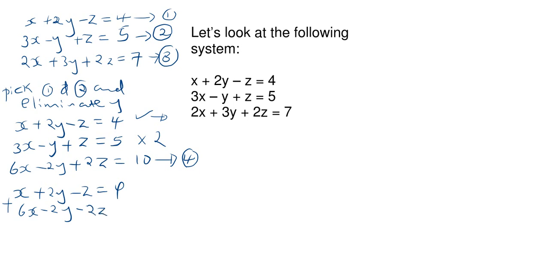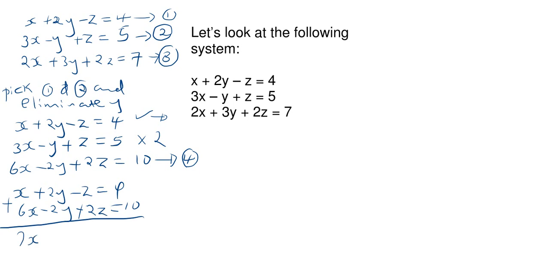So we have x plus 2y minus z is equals to 4, and we have 6x minus 2y plus 2z is equals to 10. So we add. We shall get 7x.